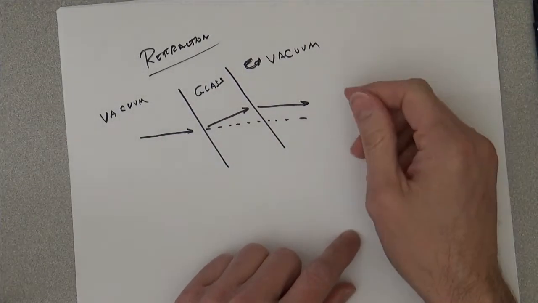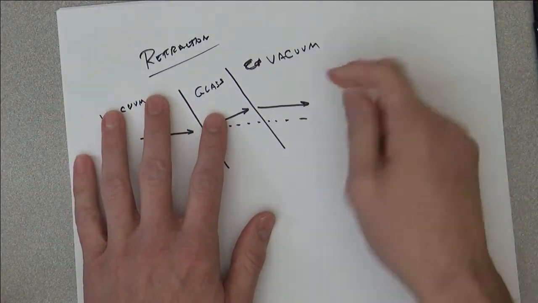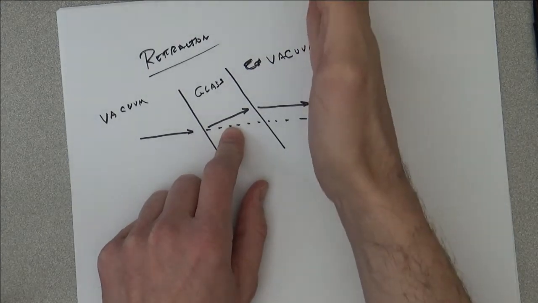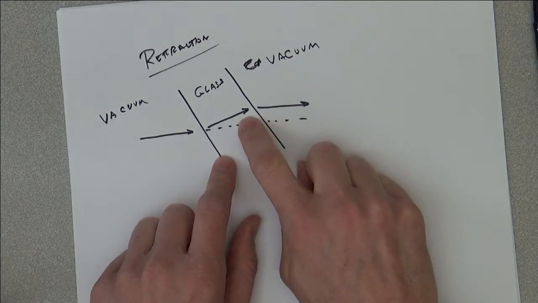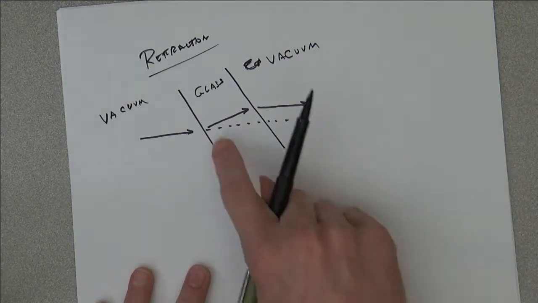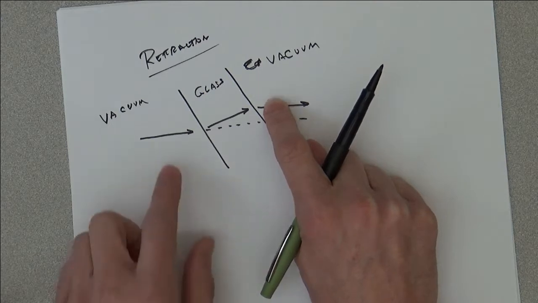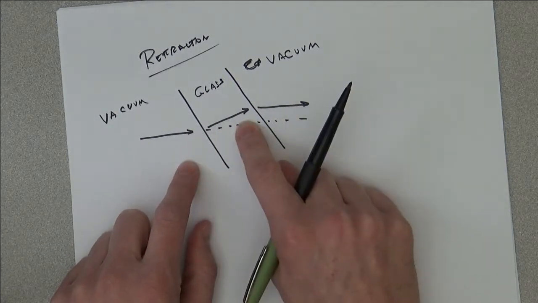If you've ever tried to reach into a stream or a pool of water and grab something, you'll see that just because something looks directly in front of you, it's actually shifted a little bit, and that's because the image of the material has been shifted. The degree of refraction has to do with the difference in the index of refraction between the different materials.